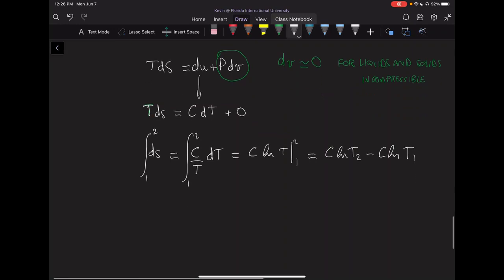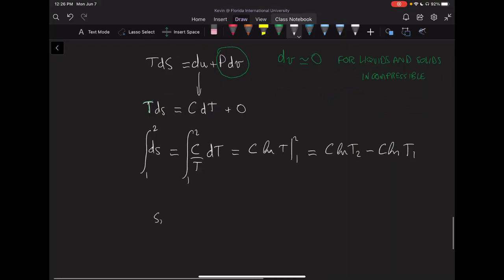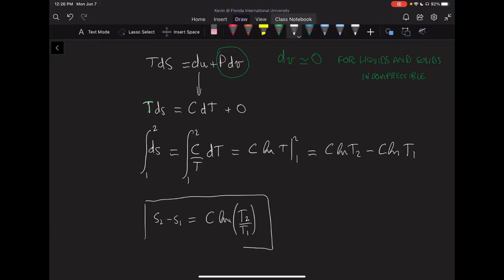So we're left with s2 minus s1 is equal to C times ln of t2 over t1, and that's our equation that we can use for S2 minus S1 of liquids and solids.